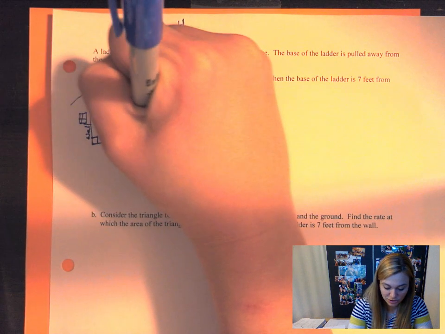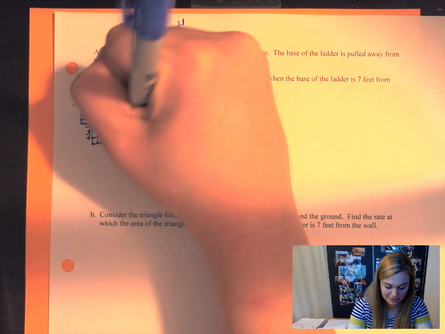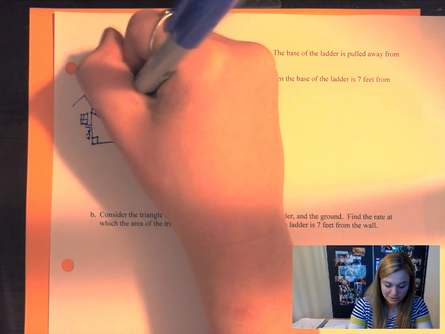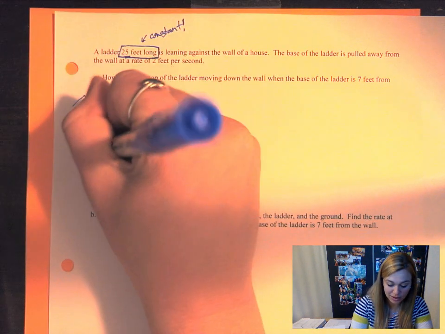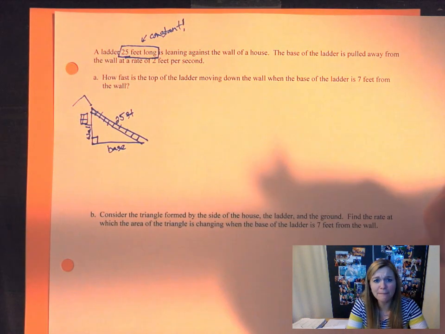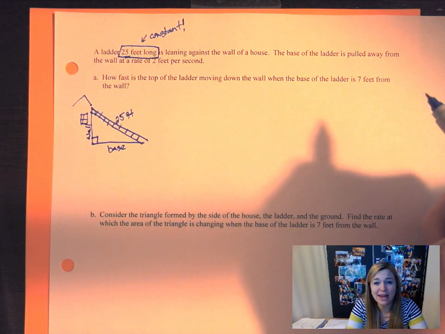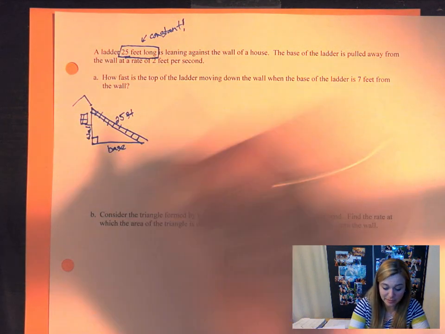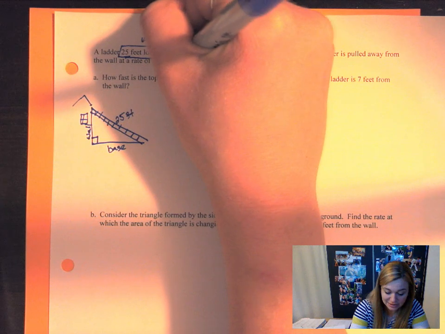And then the ladder is over here. I realize this is not to scale unless the house is really small, but whatever. This is 25 feet. I can put this in right away. I'm going to put base down here just so we can see. And it's saying the base of the ladder is being pulled away at a rate of 2 feet per second. So this is base. This would be my dB/dt.